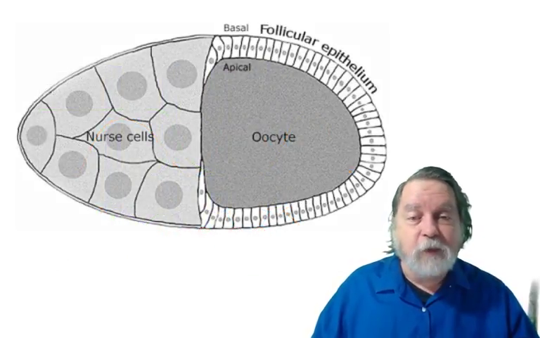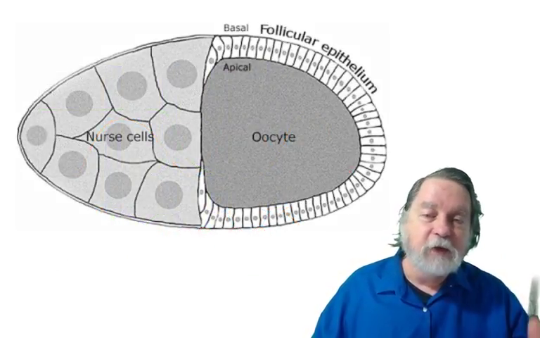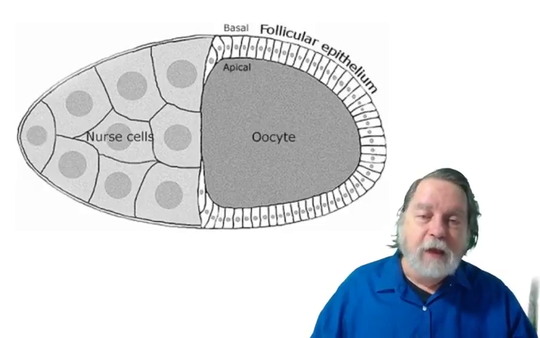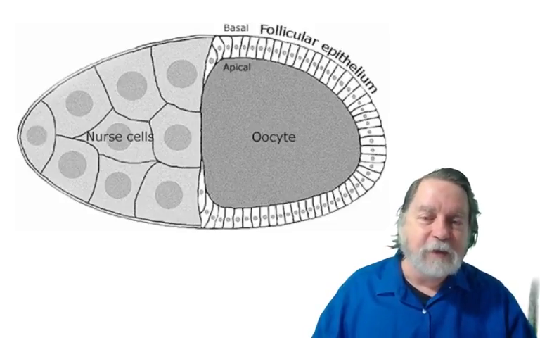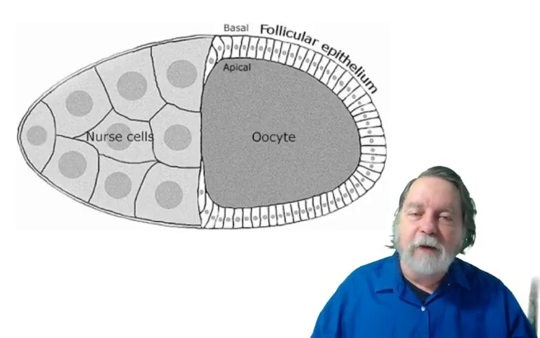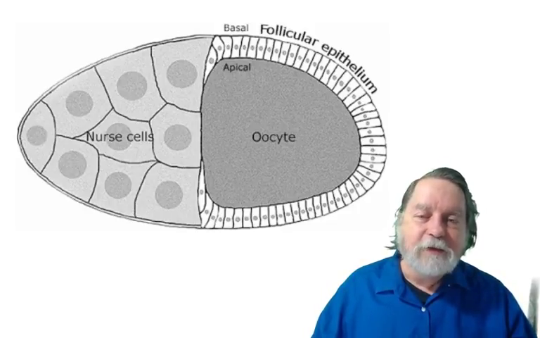So we're looking inside the ovary of a fly. This is what is called a follicle. Inside the follicle is an oocyte. Okay, the oocyte is the egg that will eventually be mature and be pooped out of the end of the fly. Notice the structure of this follicle, that there's an oocyte, and then at the other end there's a set of cells called nurse cells.